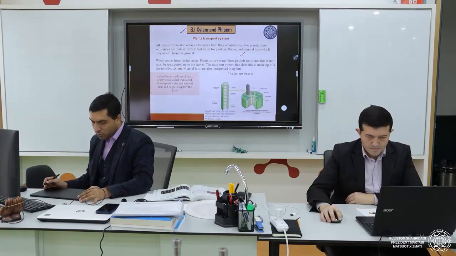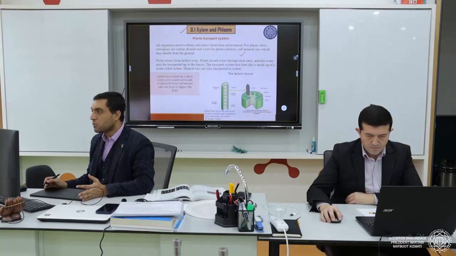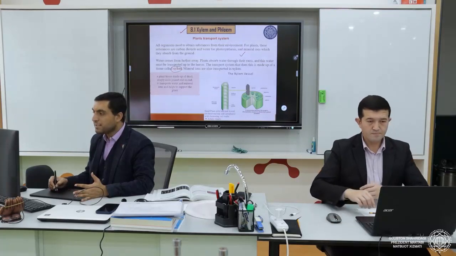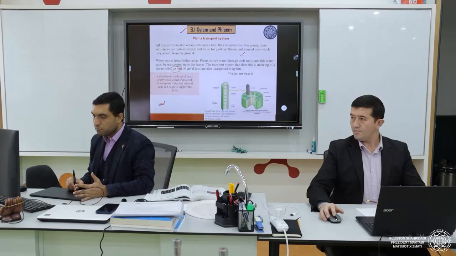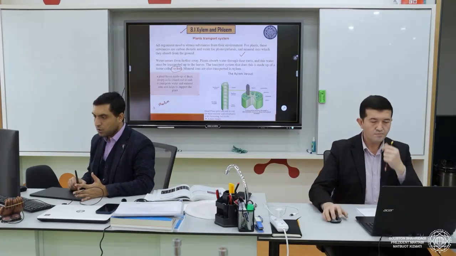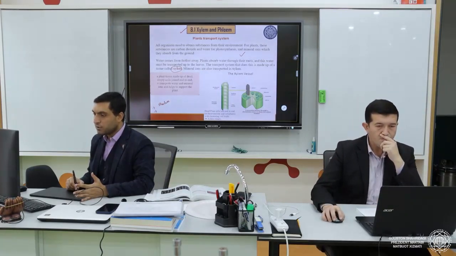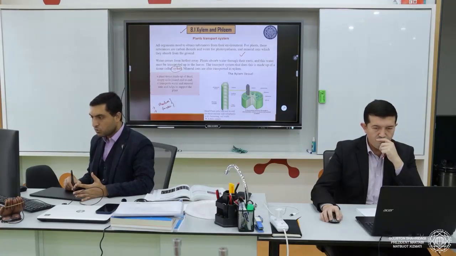About xylem and phloem, you have learned already that these are two types of transport tissues in plants, right? You must be able to know about the structure and function of xylem and phloem.